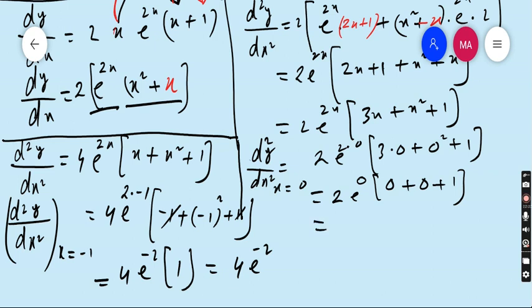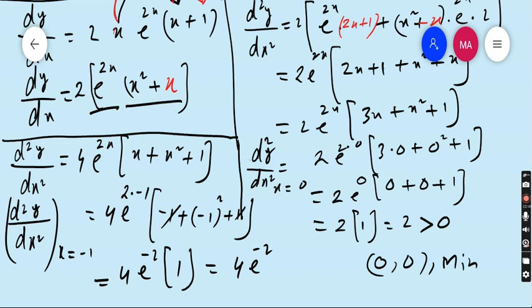Something to the power 0 is 1. So 0 plus 0 plus 1 is 1. 2 ones are 2, greater than 0. Hence (0, 0) is minimum.